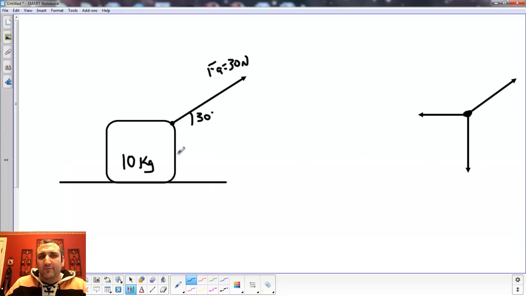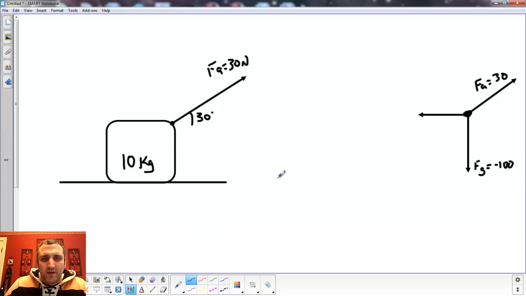If we're pulling one way, friction is going to go opposite of it. We're dealing with 10 kilograms for the mass, so we know Fg is going to be negative 100. We know the applied force is going to be 30. And we know that the angle here is 30 degrees.